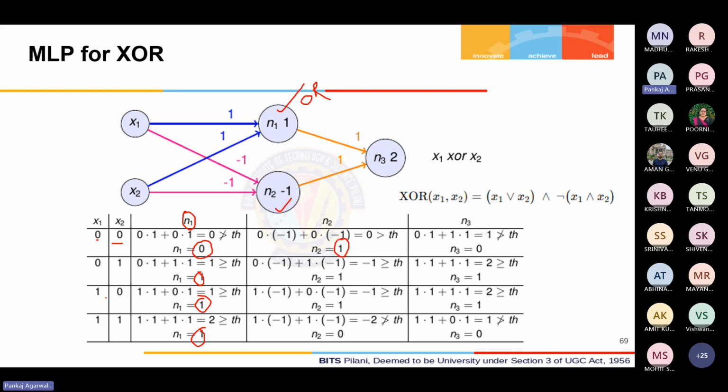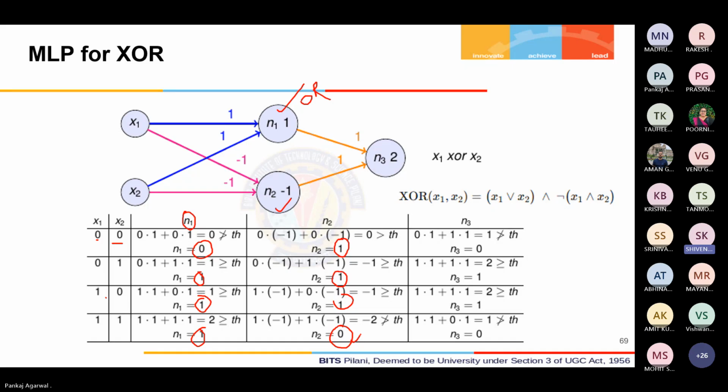Similarly, when the input is 1 0, AND of 1 0 is 0, but since this is NAND, it would be NOT of 0, which is 1. When it is 1 1, the output of AND is 1, but because it is NOT of this, it results in 0. Any issues in this understanding? Are all on the same page?